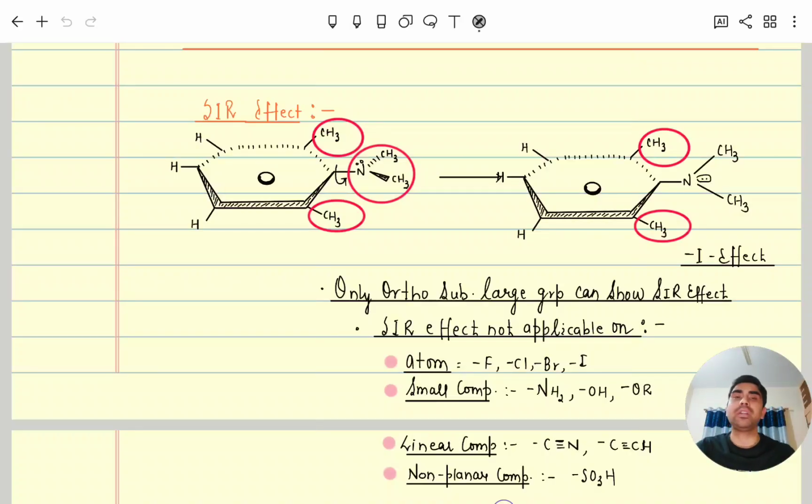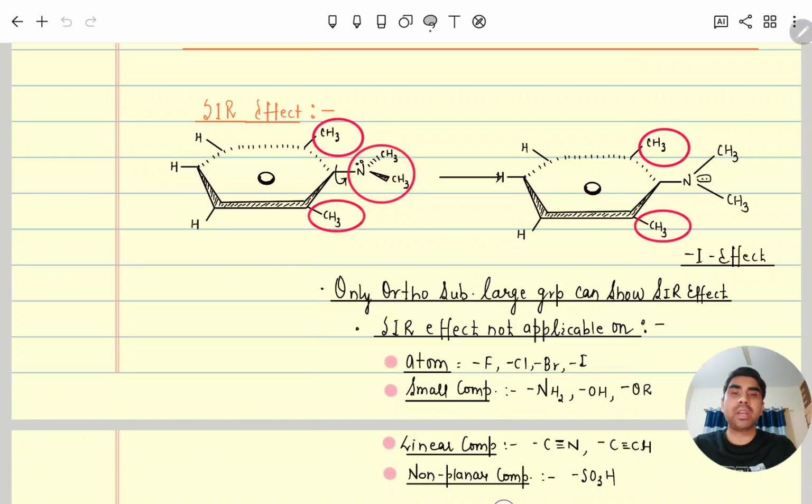Once again, resonance and hyperconjugation happen in a planar system, and only in pure orbitals. In hybridized orbitals, resonance and inductive effect cannot take place.